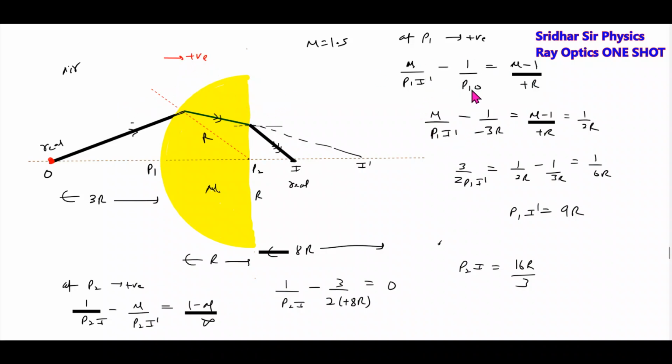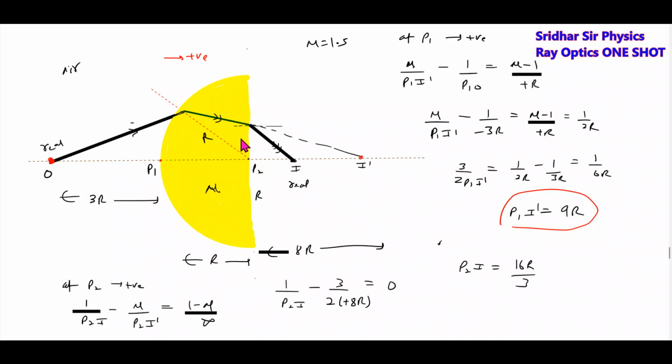Substituting all, what is P1O? P1O will be minus R because you have to measure P1O from here like this, and towards right is positive. We are measuring P1O towards left, therefore negative. R we are measuring in the direction of the incident ray, so positive. And mu equals 1.5. Solving, we get 1 by 2R. Solving, I'll get P1I dash equal to 9R. Here it will be formed, 9R from here. So from this plane surface it will be 8R.